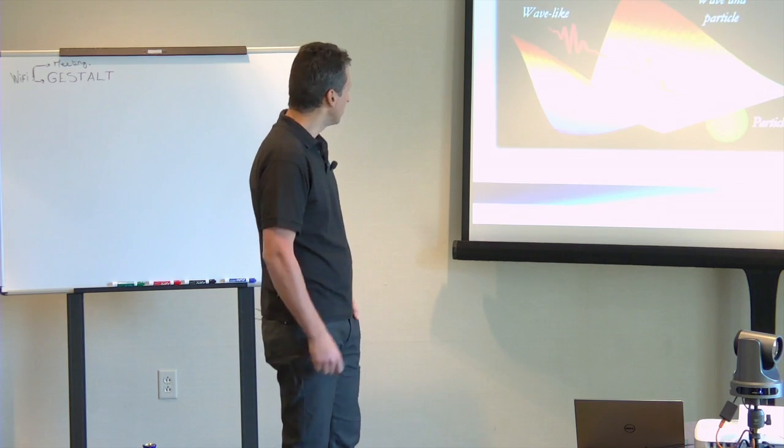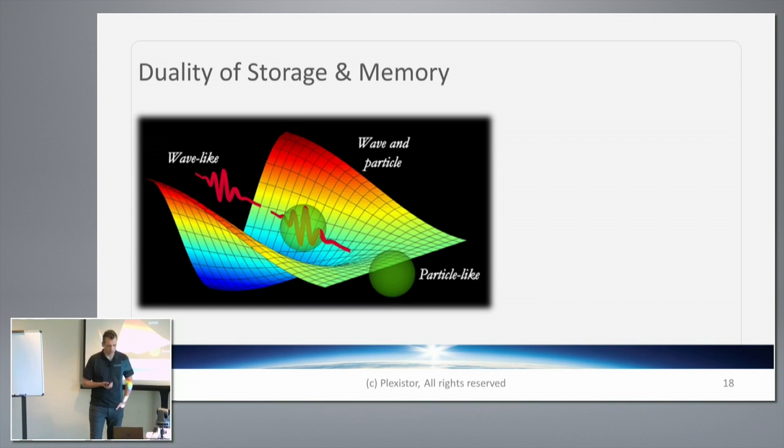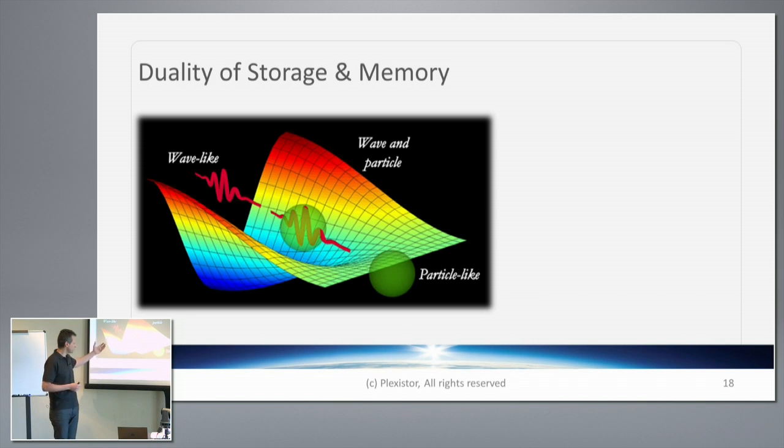Okay. So another interesting property, and Sharon mentioned that, is the duality. That's obviously not what we do, that's physics. But particles, you can view them as wave, or you can view them as particle, and that's basically the duality. But storage class memory is also the same way, right?